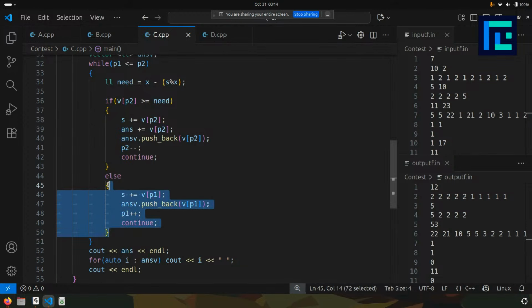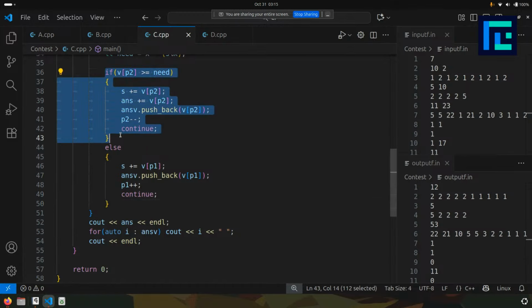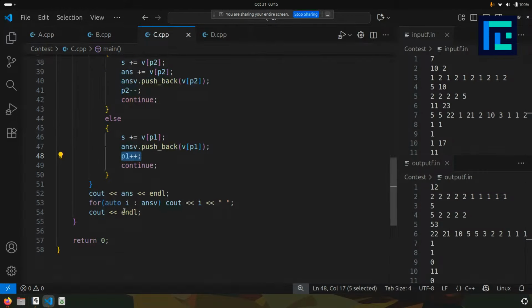So basically, we don't need to update the bonus points here. So the bonus points will always be updated in this if, and this if will only have the most expensive items, and we subtract P2 by 1 every time we buy an item and increase P1 by 1 every time we buy an item, and then print out the answer.